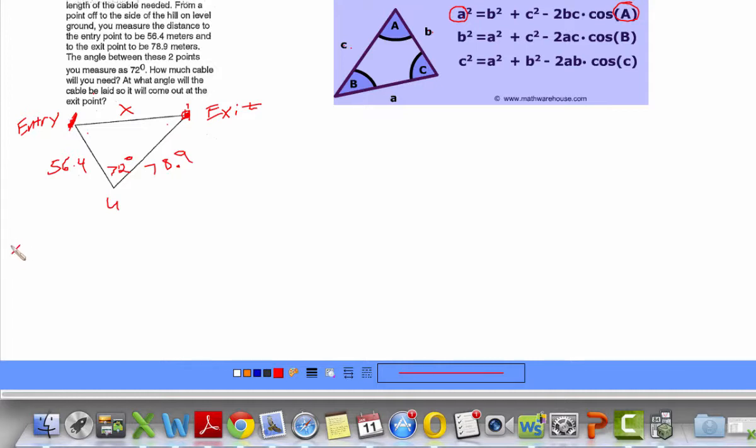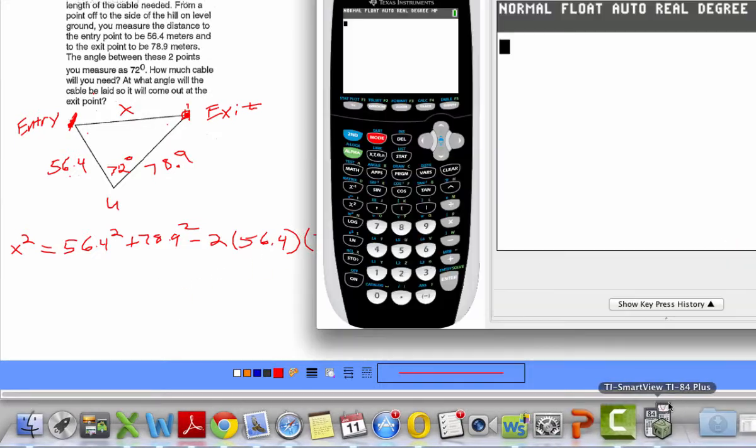So if I say x squared is equal to, I'm going to call this b, 56.4 squared plus 78.9 squared minus 2 times 56.4 times 78.9 times the cosine of 72 degrees. So now we're thinking, well, that looks like a bunch of junk, but we can put that just into the calculator.